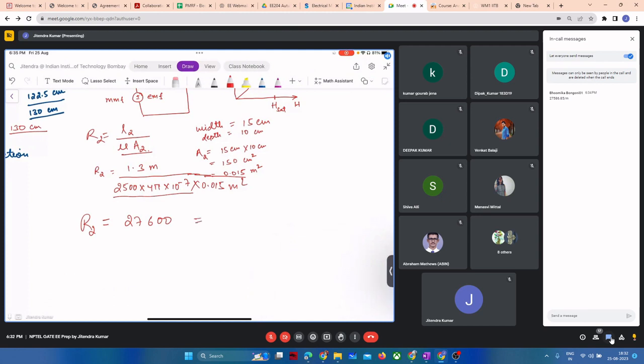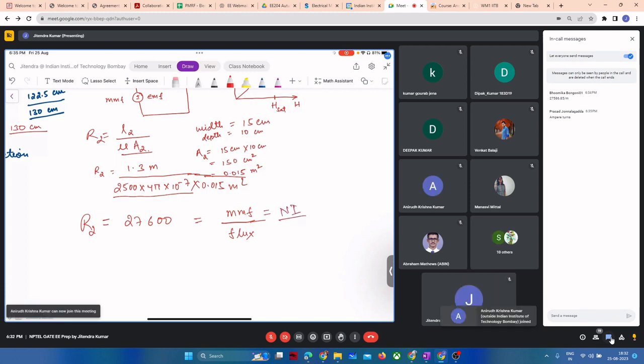You think in terms of MMF by flux. MMF is nothing but NI, and its unit we write as ampere turns. Yes, Prasad, you have answered partially.